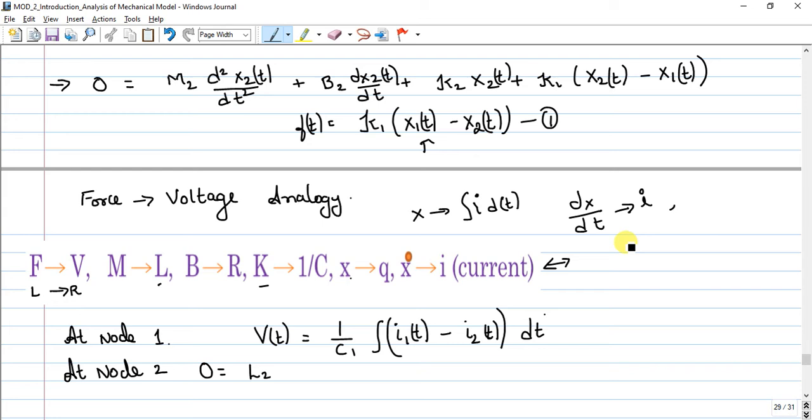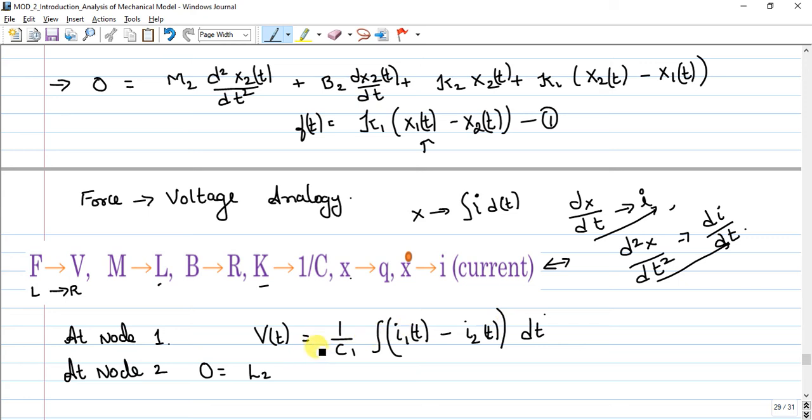And one more, the double differentiation d square x by dt square, we will consider as di by dt. So this is one more consideration that we need to keep in mind. So x as integration of i dt, dx by dt as i, and double differentiation of displacement with respect to dt square as di by dt. So remember this consideration; the same will be followed in the second equation.